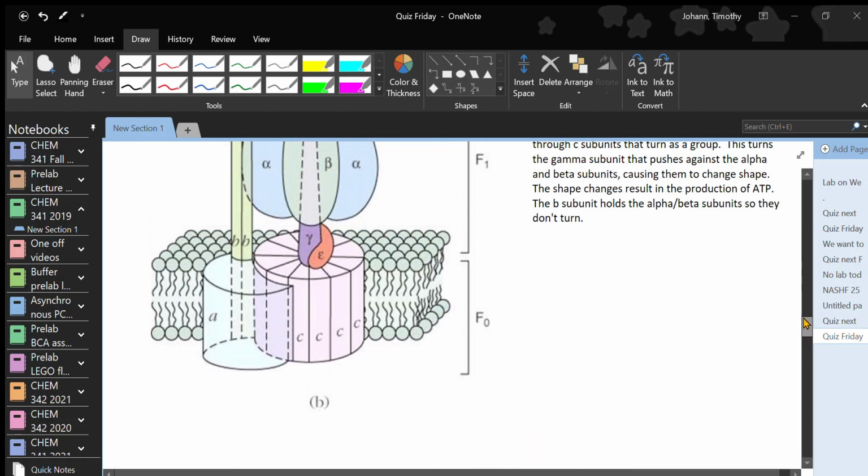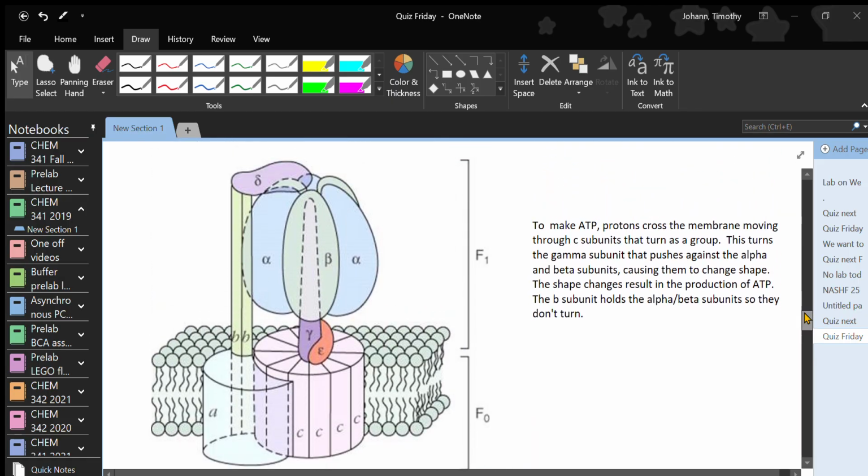So think about it like, this piece right here, it's not bound here at all. So there's no covalent interactions here, and there's no covalent interactions in here.